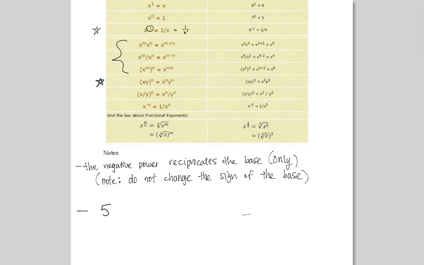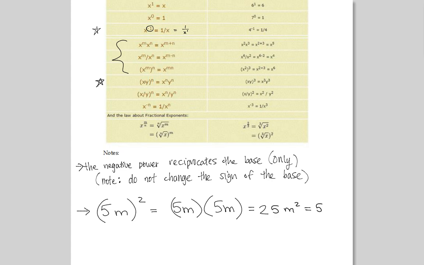So let's say you had 5m squared. So what does that mean? That means you have to repeat 5m twice. 5m times 5m is 25m squared. Or in other words, 5 squared m squared.